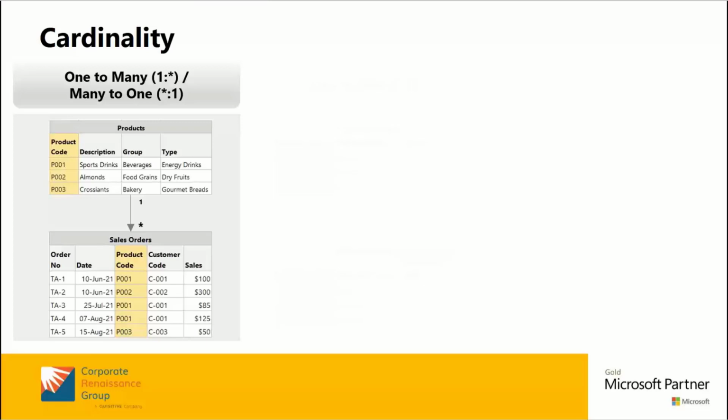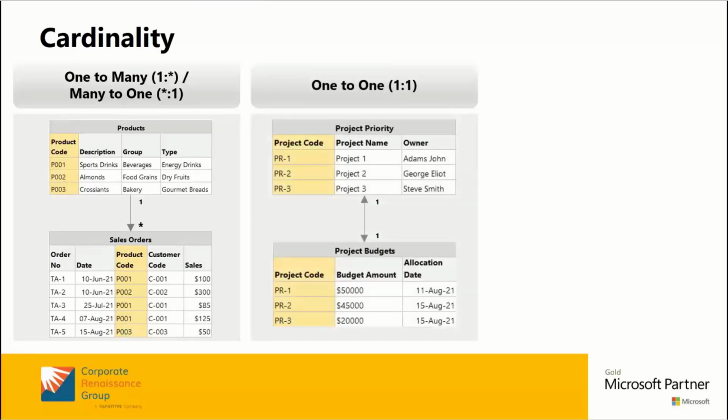The next one is called one to one. If you see the example, in table one, I have unique values of each of the projects and some attributes. In table two, I again have unique values of each of the projects, they are not repeating, and I have some attributes. Ideally I could have combined both the tables into a single table.